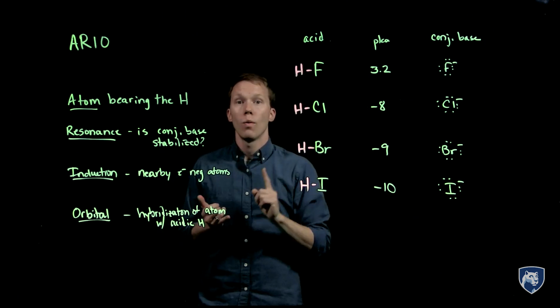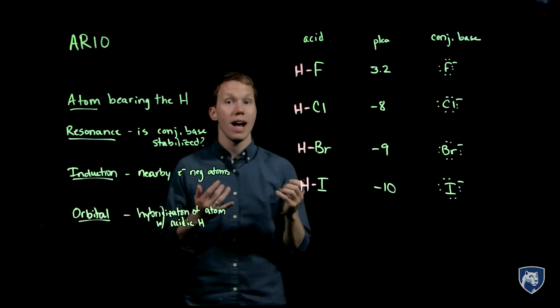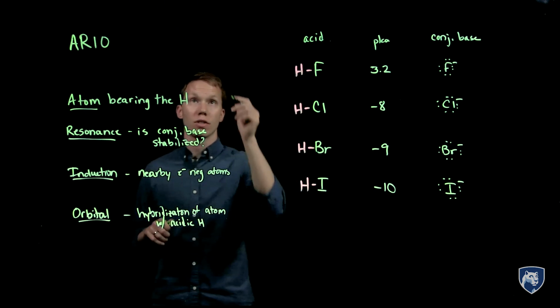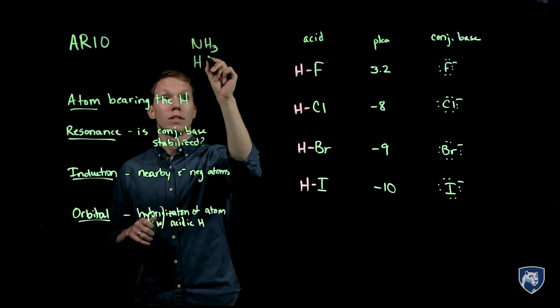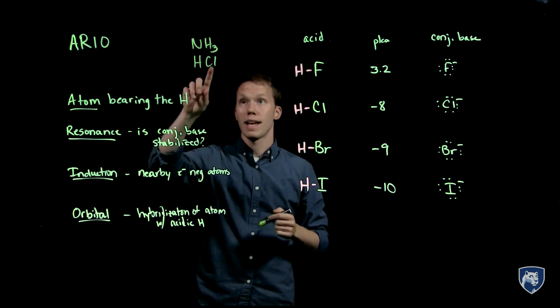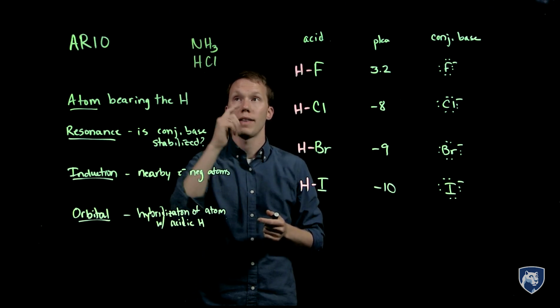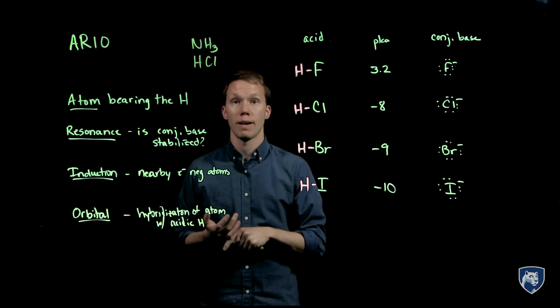All right, so when we have atoms that are attached to acidic hydrogens that are not in the same group or the same column, size is going to be the determining factor. So if we're comparing, say, NH3 to HCl, we see that chlorine is lower on the periodic table than nitrogen, so the atom size is going to be the determining factor here.